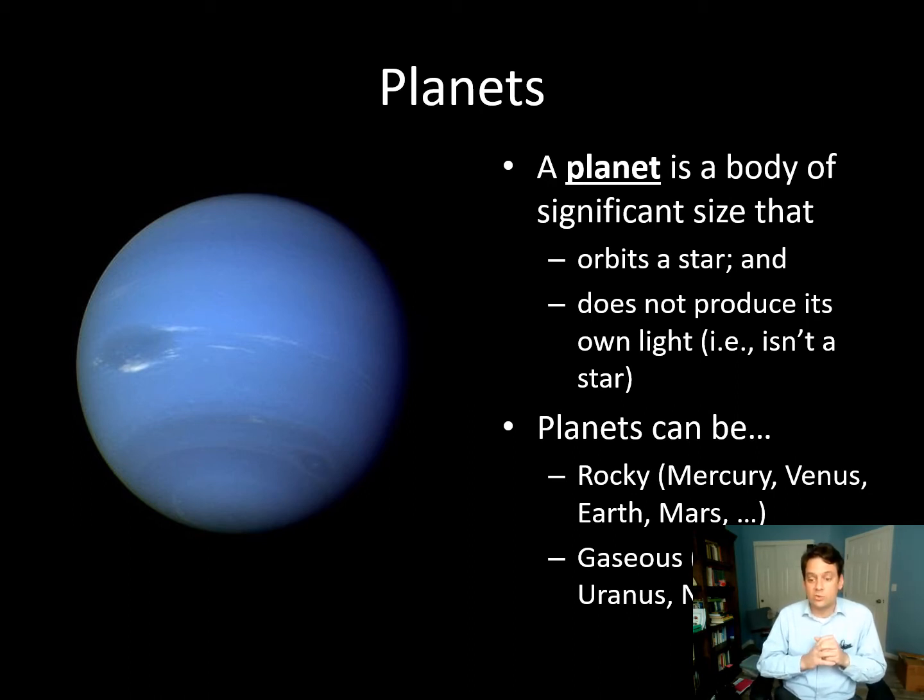There are, as we have discovered, lots and lots of extrasolar planets, that is to say, planets outside our solar system orbiting other stars, and people can and do spend careers studying those. We're not going to talk very much about that at all this semester. We'll touch on it just very briefly. But if you're interested, know that those things are out there.